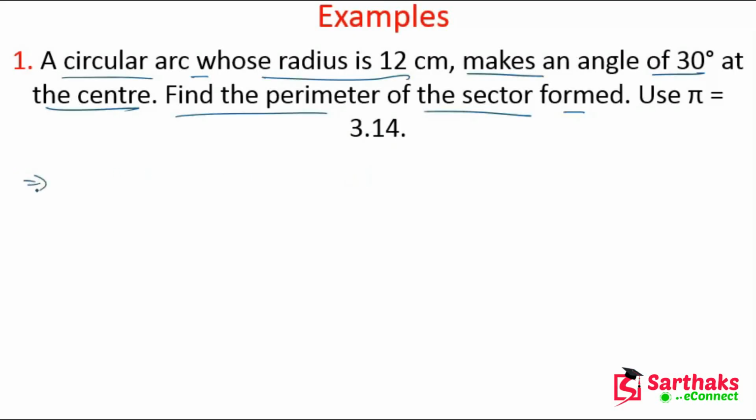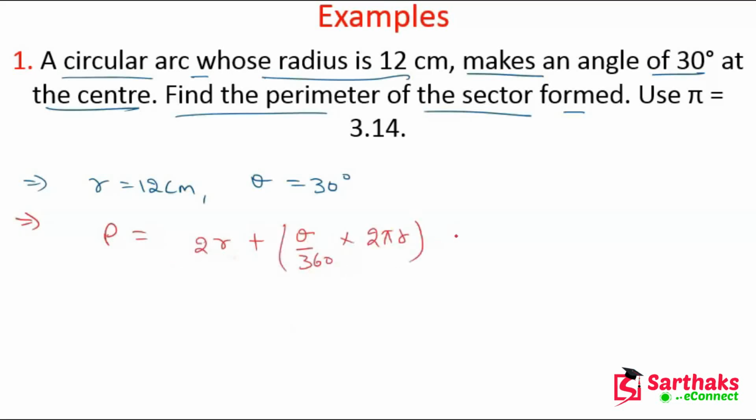Okay, now my dear friends, we have r is equals to 12 cm and we have theta is equals to 30 degree. So now we know the formula of perimeter is 2r plus theta upon 360 into 2 pi r.